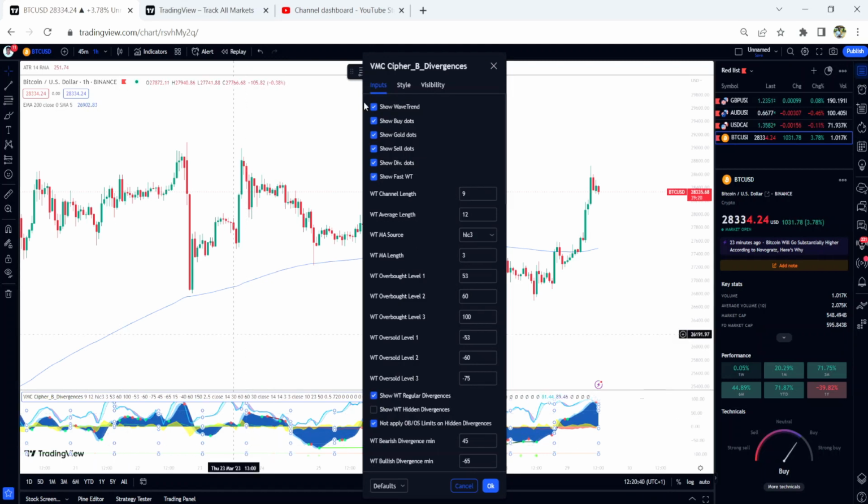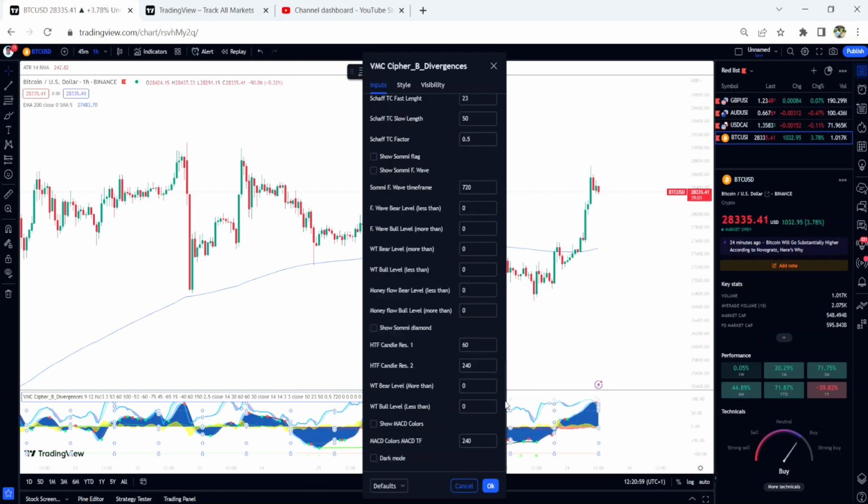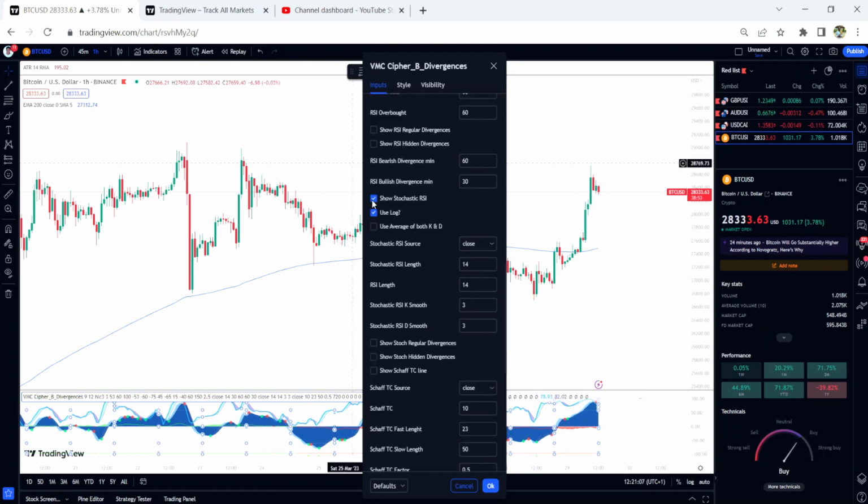So the next thing we need to do now, you leave this show wave trend, show buy dots, you remove this gold dots, you leave this sell dots, and you remove all other things. You untick every other thing.